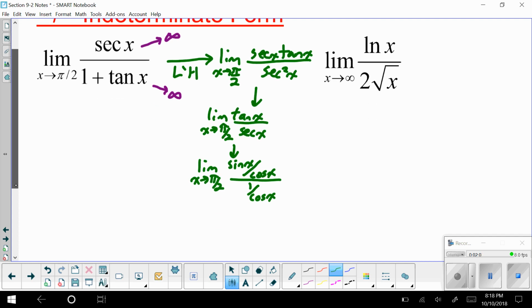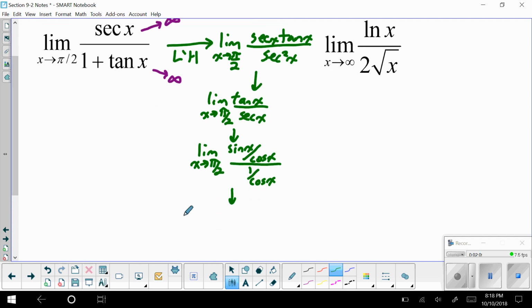That does simplify as well to the limit as x approaches pi over 2 of sine of x, which gives me 1. And there is our limit.